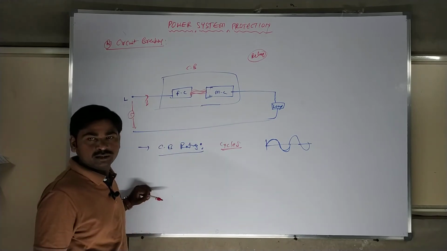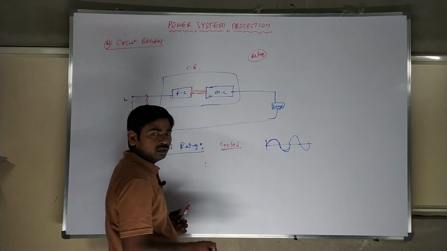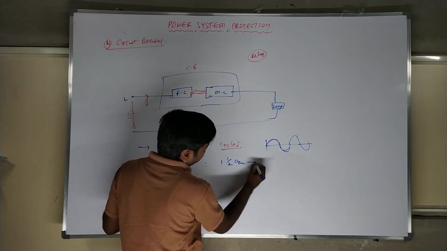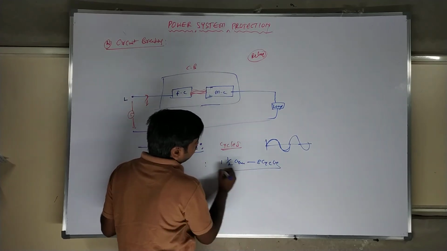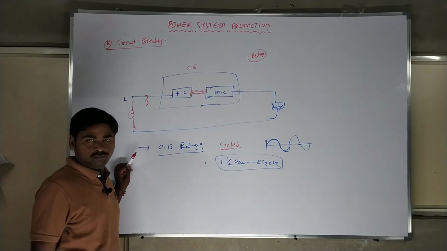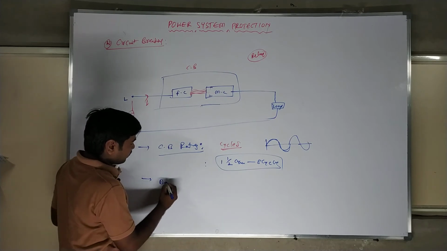In the present market, the general rating of a circuit breaker is 1.5 cycles to 8 cycles. Next, the breaking capacity.